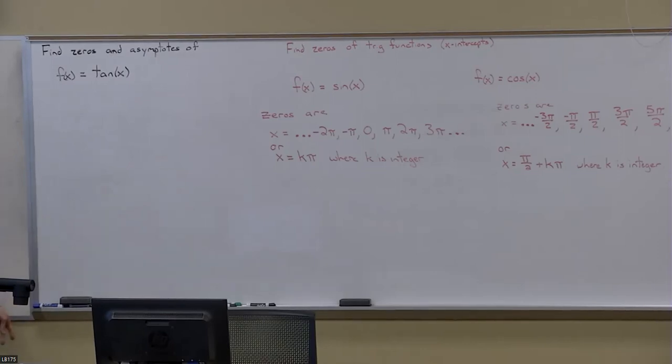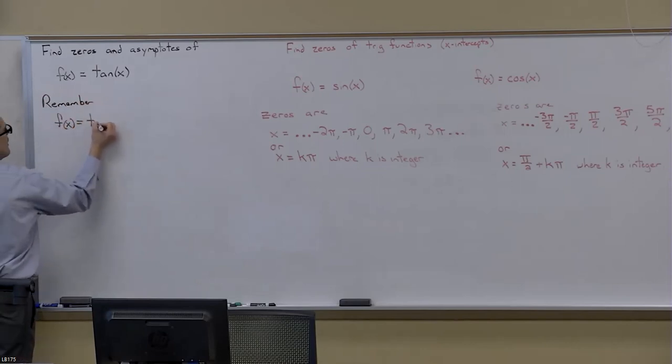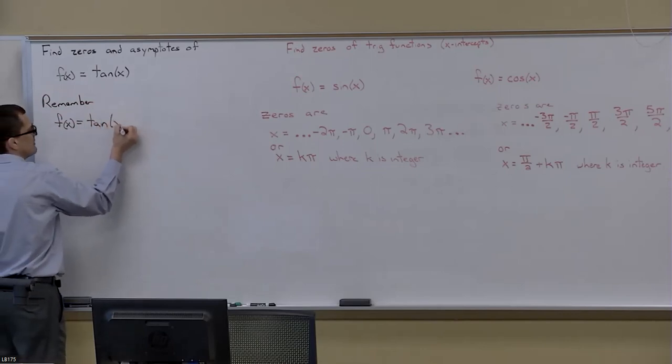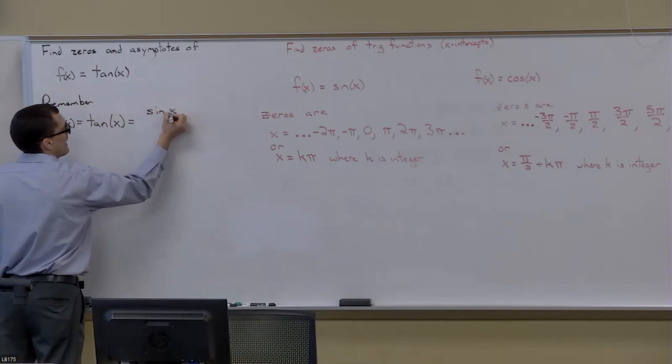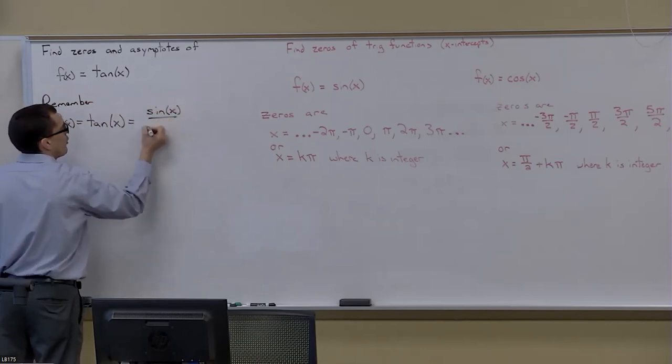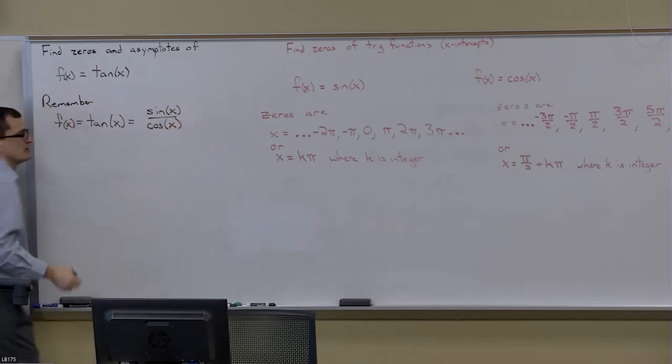And we're going to do this algebraically. All we have to do is remember that tangent of an input is the same thing as sine of that input over cosine of that input. Tangent is sine over cosine.